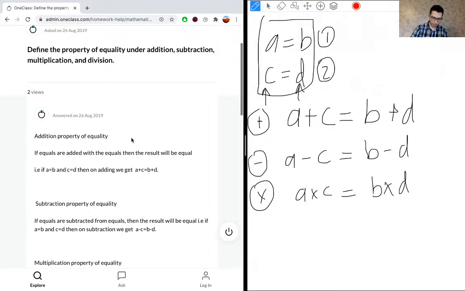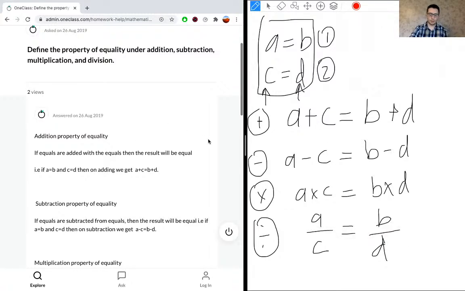And then finally, for division, we have A divided by C is equal to B divided by D. In this scenario, we know C and D cannot be 0, otherwise we do not get a valid equation. And here, A has to be on the top.